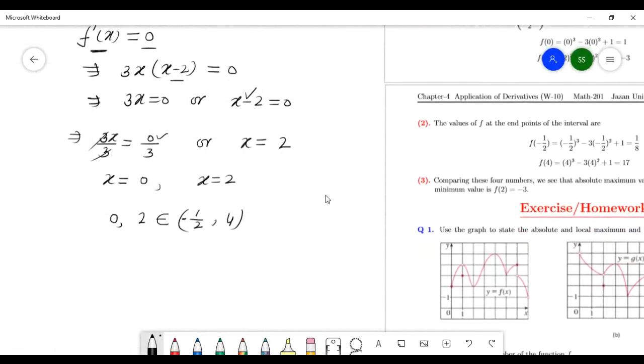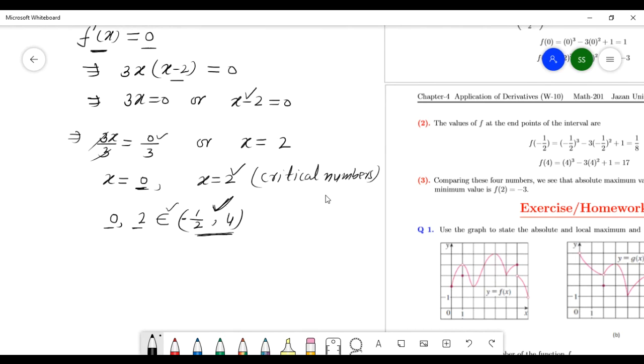Look here, x is 0, which is in this interval, and x equal to 2 is also in this interval. So if the critical number is present, then take that critical number.